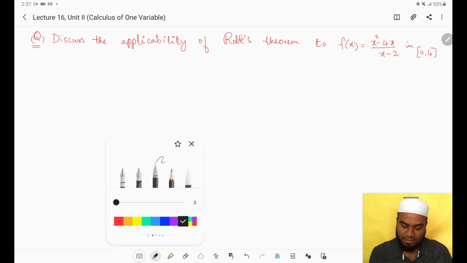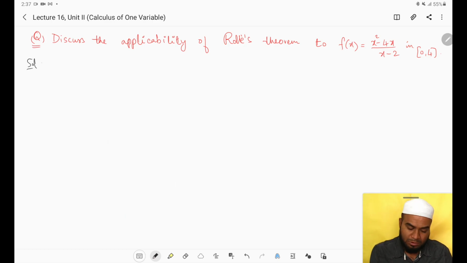We have to check whether we can apply Rolle's theorem for this function. The function is given to be f of x equals x square minus 4x by x minus 2, and the interval is 0, 4. So we have to check whether we can apply Rolle's theorem or not.